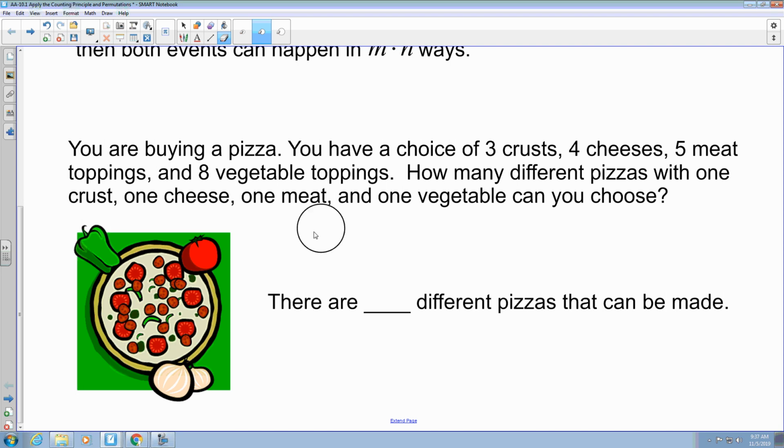We have 3, so we got 3 times the number of cheeses, which is 4, times the number of meat toppings, which is 5, times the number of vegetable toppings, which is 8. So then you multiply all 4 values together and you get an answer of 480 different pizza outcomes, or different pizzas that you can make.